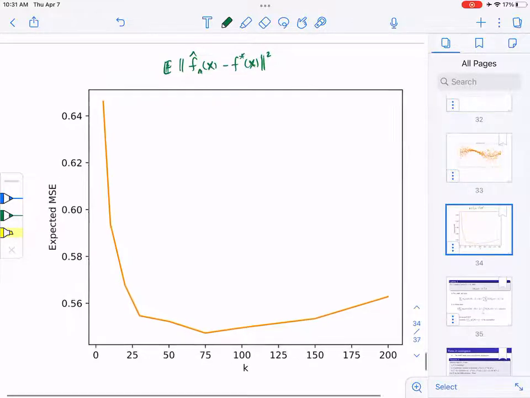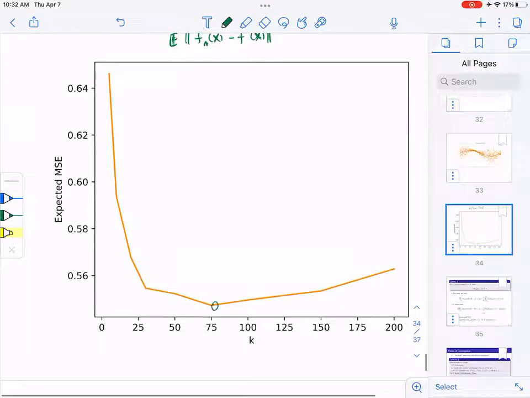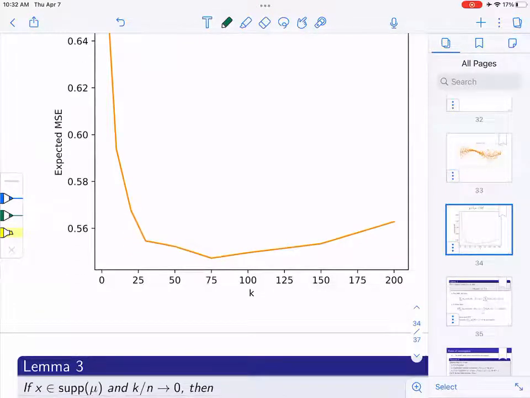And you can see for this one, for example, it's like around here. If you do it, it gets smooth. There's a flat part here, and it goes very slowly up. So we're going to do some sort of a more refined analysis, to find something that looks like a finite sample upper bound that looks like this.